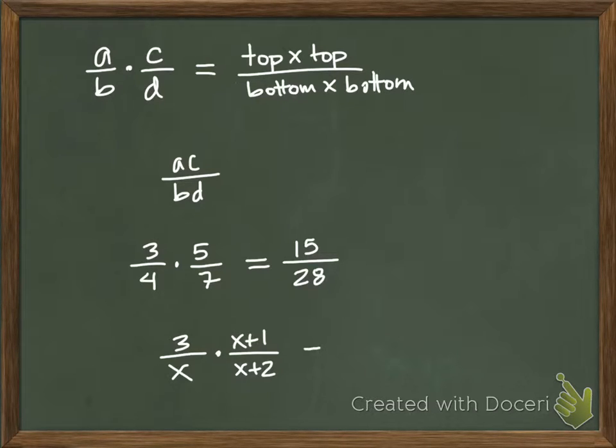So it's 3 times x plus 1, and then x times x plus 2. And we're done. You could distribute if you want to, but we don't gain anything by doing that. If it's not going to help us, then it's not really worth the effort. So I would leave it just like this. None of these will cancel out, so we're done.